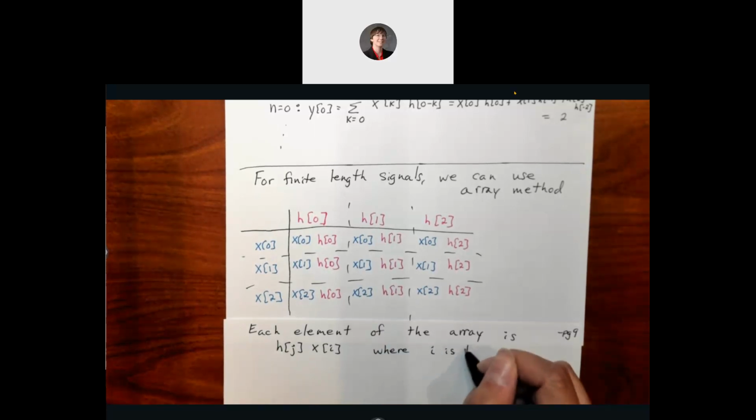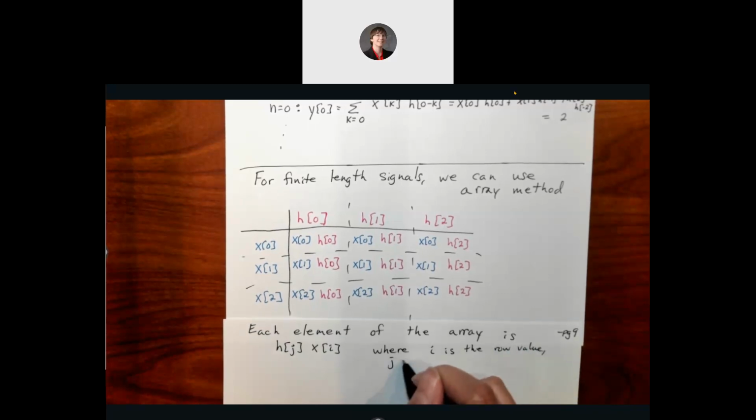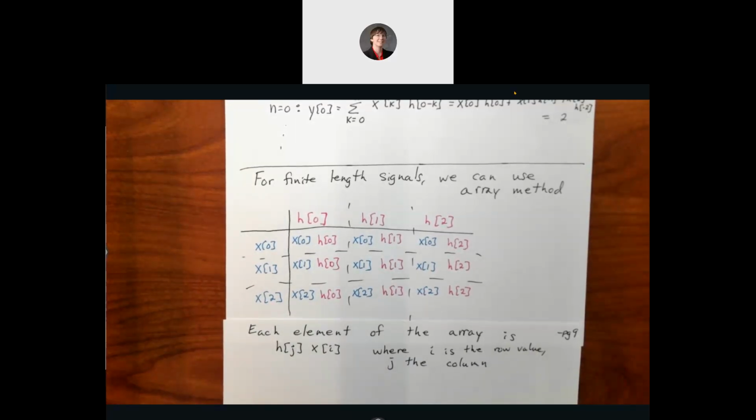Say in this case that i is the row value and j the column. So you're multiplying each of those to form your array values.